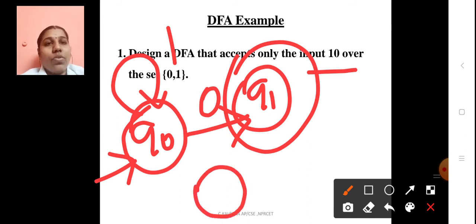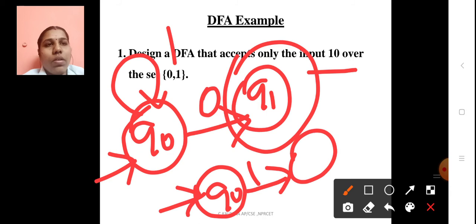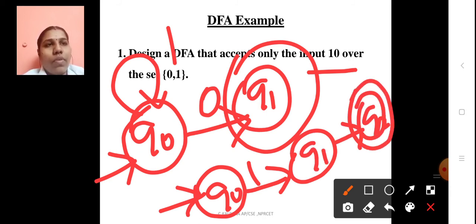Or we can also represent it as Q0, 1, Q1, Q2, final state, start state. So the number of states is our choice. You can take n number of states.